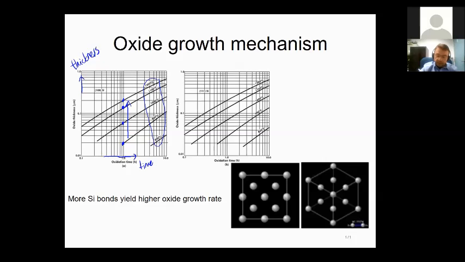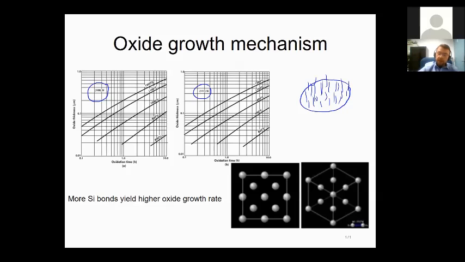And in a similar fashion, there's going to be a dependency on the crystallography of the wafer too. So since we're starting with a wafer, it's going to be critical, and it has to do with the kinetics and also the chemistry, right? So it will be very much, again, depending on how many bonds I have available on the top surface of the silicon wafer, because the oxidant will come in here. If there are too many bonds available, the oxidation rate will be quicker.